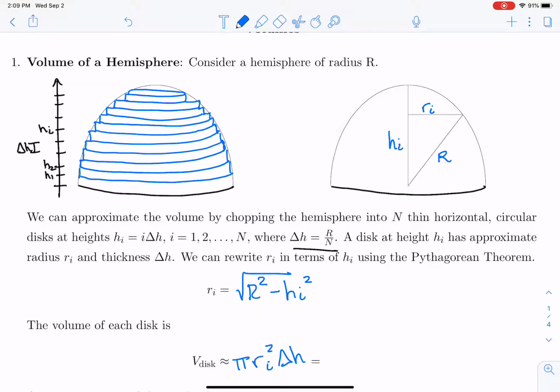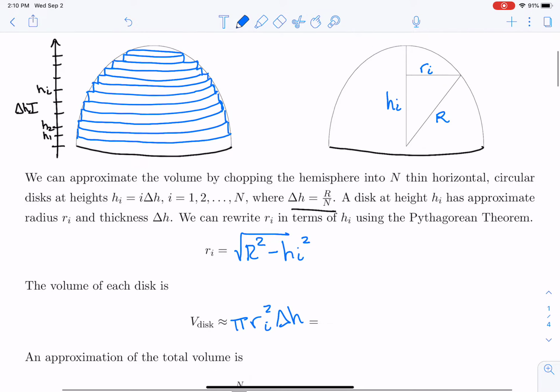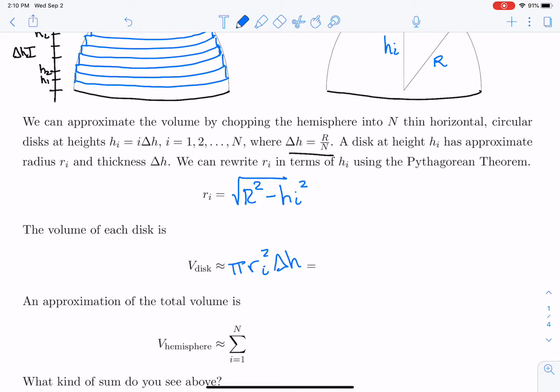And that gives me a relationship between r sub i, the radius of the ith disk, and h sub i, the height of that disk. And so now I can rewrite the volume of each disk as pi times R squared minus h sub i squared, times delta h.